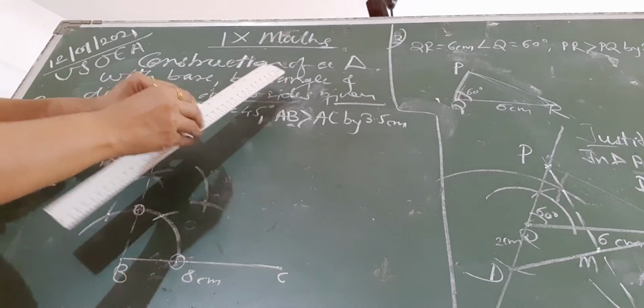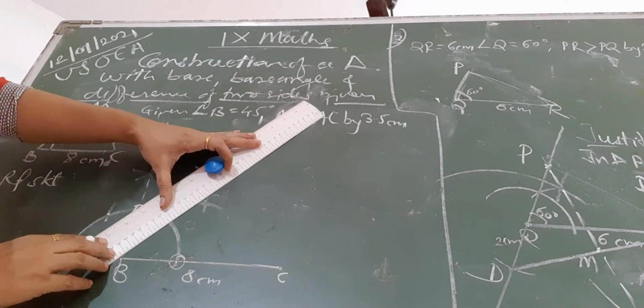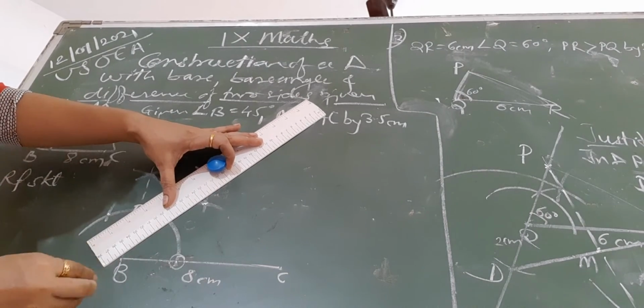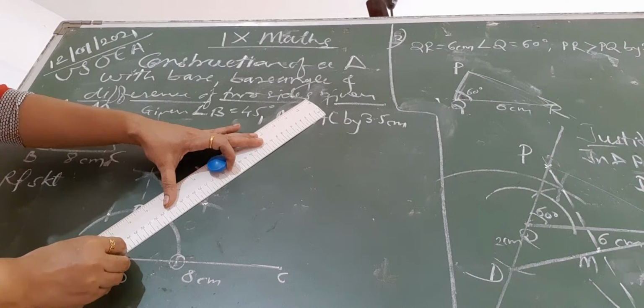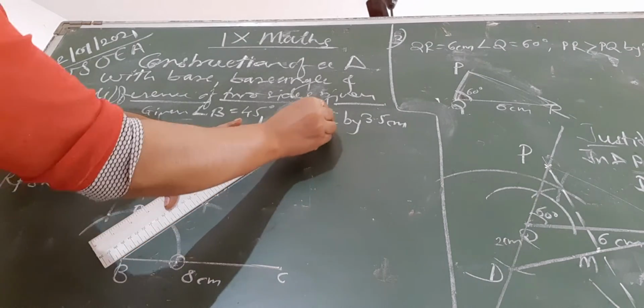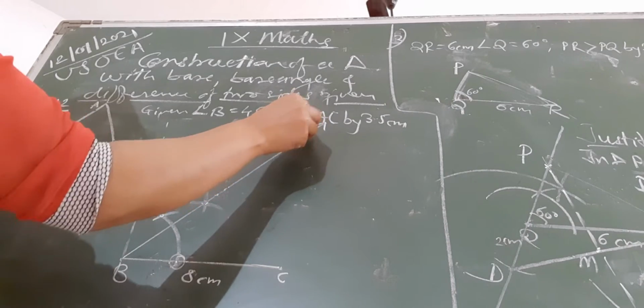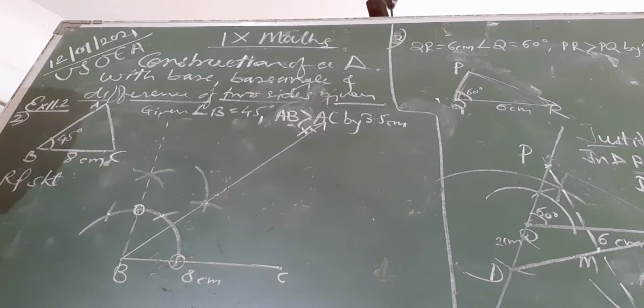After getting the 45 degree angle, draw the ray through B and this point of intersection and extend it to make the ray BX.